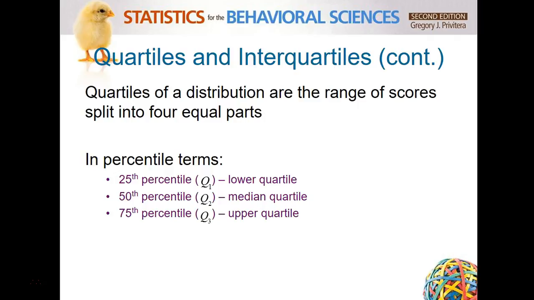Here's an example of the quartiles. As I said, it's a distribution of the range of scores that are split into 4 equal parts. So you have 4, but we really only refer to 3. We have the 25th percentile, which would be from 1 to 25, the 50th percentile, which is our median quartile, and our 75th percentile, which is our upper quartile.